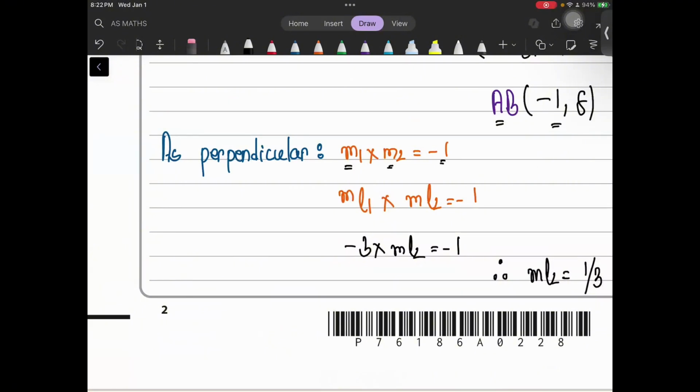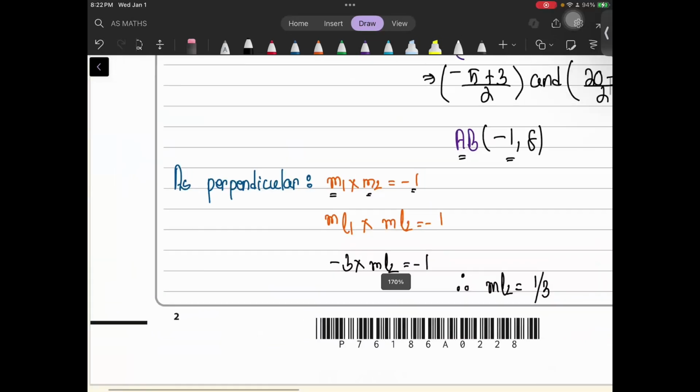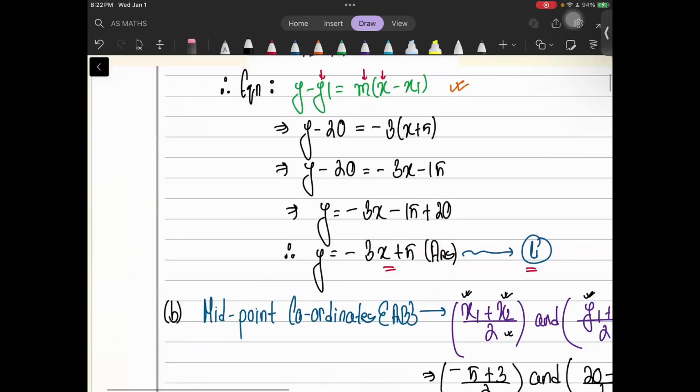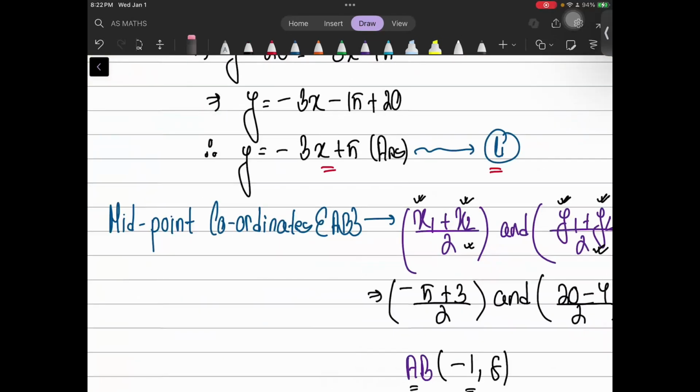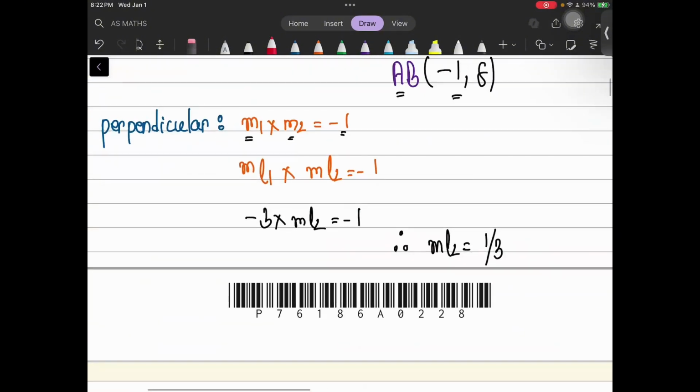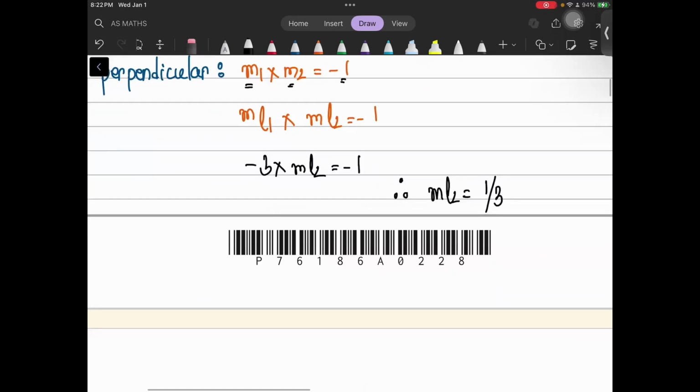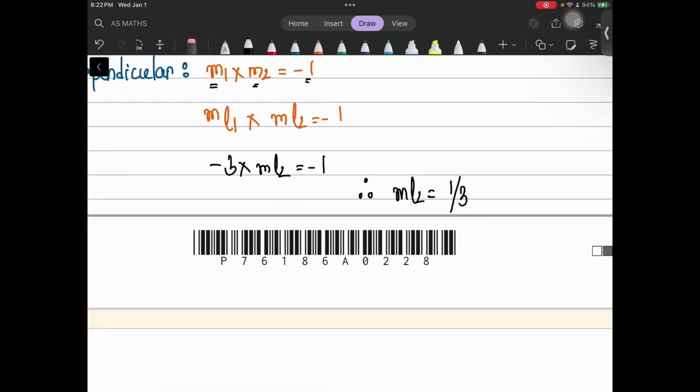And we know the gradient of L1 because the equation is in the format y equals mx plus c, and m is the gradient. So from this equation the value of m is minus 3, so the gradient of L1, minus 3, times the gradient of L2 equals minus 1, and the gradient of L2 is going to be 1 by 3.